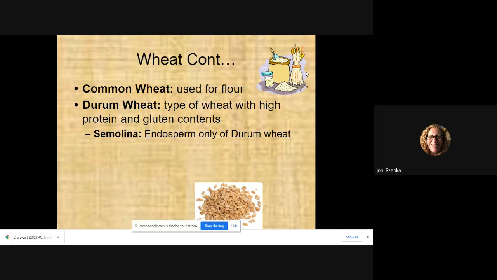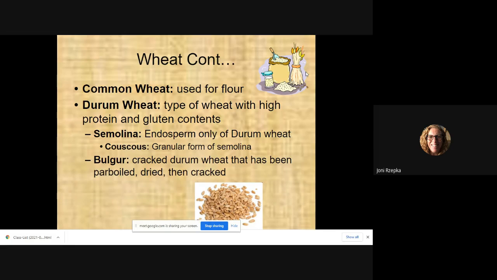Okay, and then the durum is high in protein and gluten. I did that one, didn't I? Whoops. Semolina is an endosperm only of the durum wheat. An example of semolina too is couscous, which is kind of a granular form of semolina.